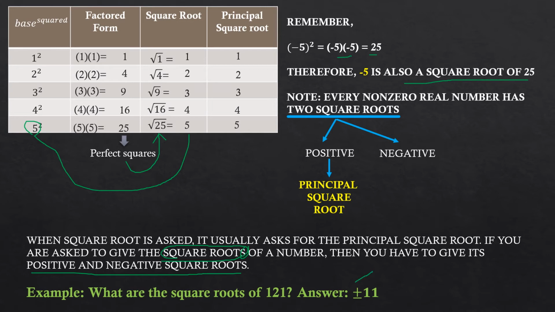So the answer is positive and negative 11. You have to give the positive and negative square root because you are asked about the square roots. But if you are just asked for the square root without the s, this means that you have to give the principal square root, which is 11 or positive 11.